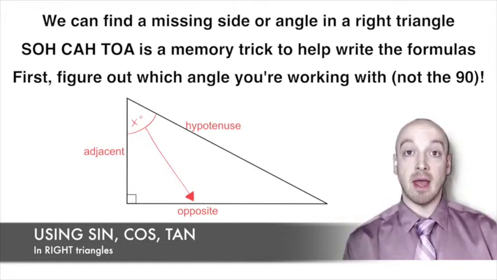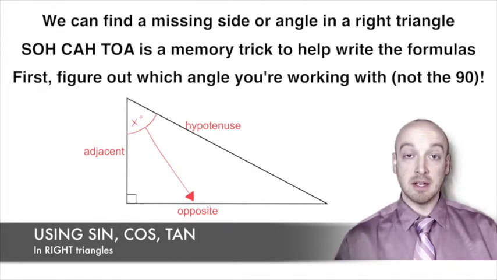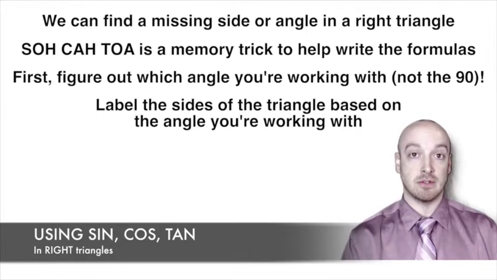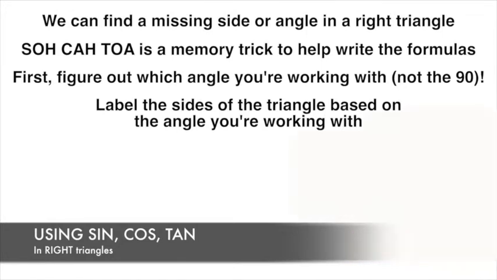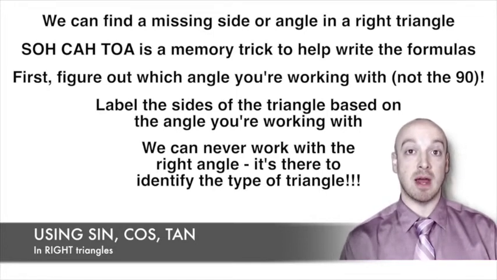Now remember, the angle, either given to us or chosen by us to work with, is sort of a reference point. That's our anchor for labeling all the other sides in the triangle. Hypotenuse, though, is always across from the 90-degree angle. And don't forget, in SOH CAH TOA, we can never work with that 90-degree angle. It's just there to remind us that we're working with a right triangle.